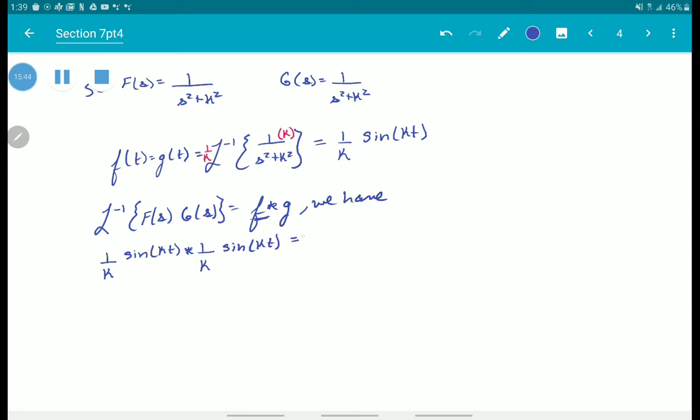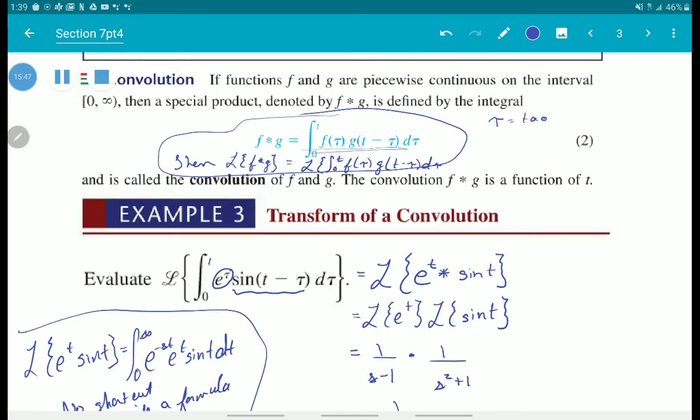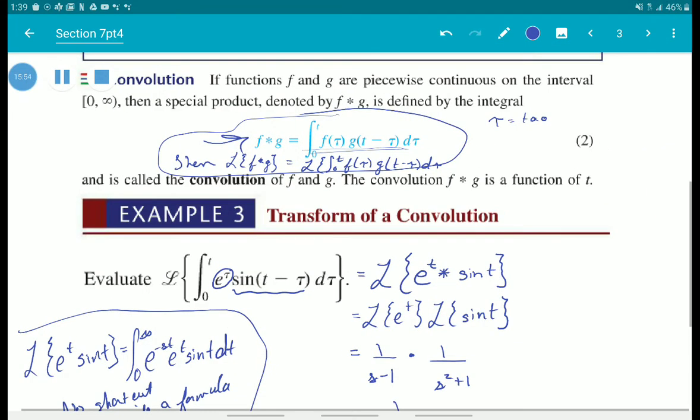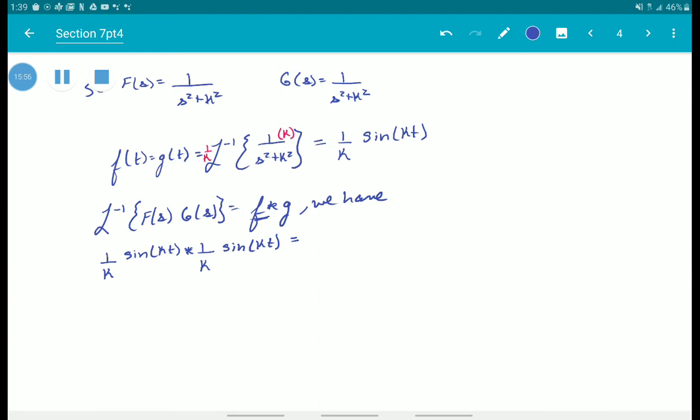And then we're going back to that definition here. So we're going to have to do some integration there. So that's going to be a 1 over k squared. I'm going to factor that guy out. Integrating from 0 to t. So this is going to be sine of k tau, sine of k t minus tau d tau.